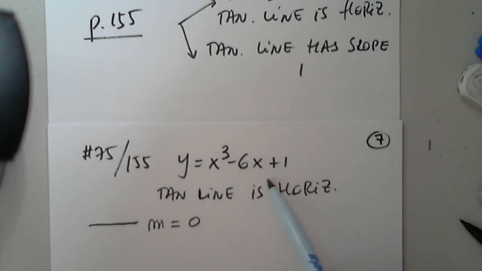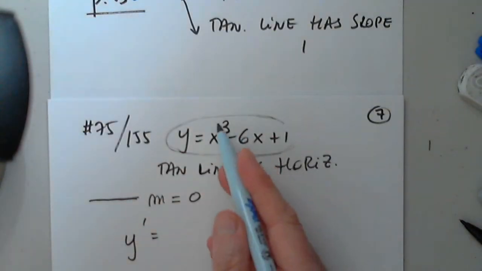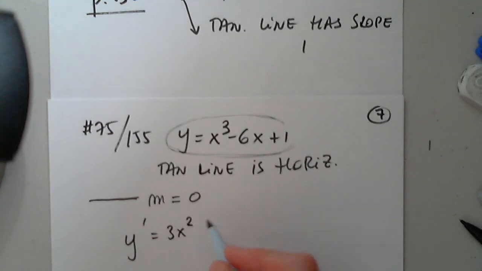How do I determine what function will determine the slope of this line at any point? What do I need to do to find the function that gives the slope of the tangent line at any point? Minus 6. That's it. So bring down 3x squared minus 6.